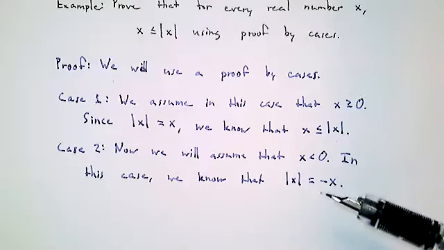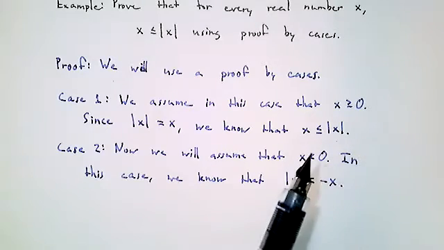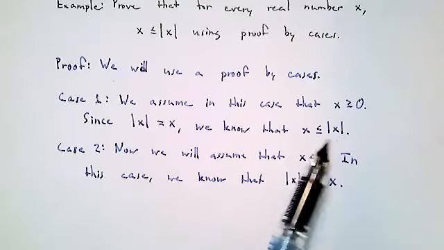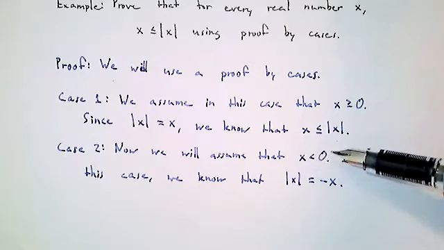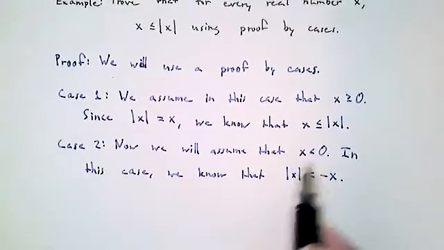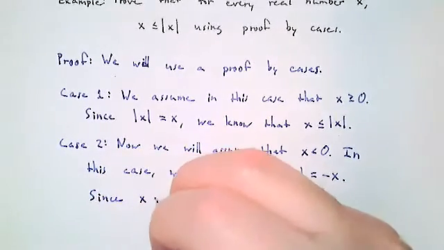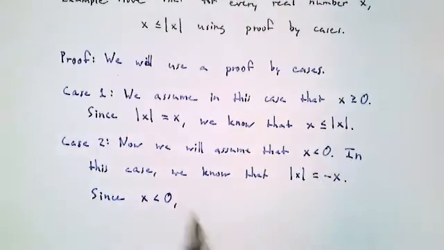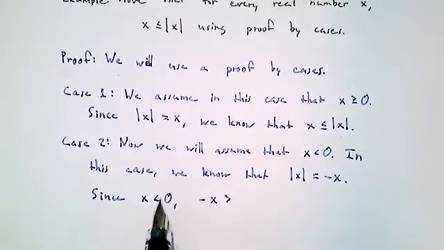Okay, so what's the relationship between x and the absolute value, if we know this? Well, let's go back here. We know that x is less than 0. So if I put a minus sign on both sides, we know that minus x, we have to flip the sign to the other direction.